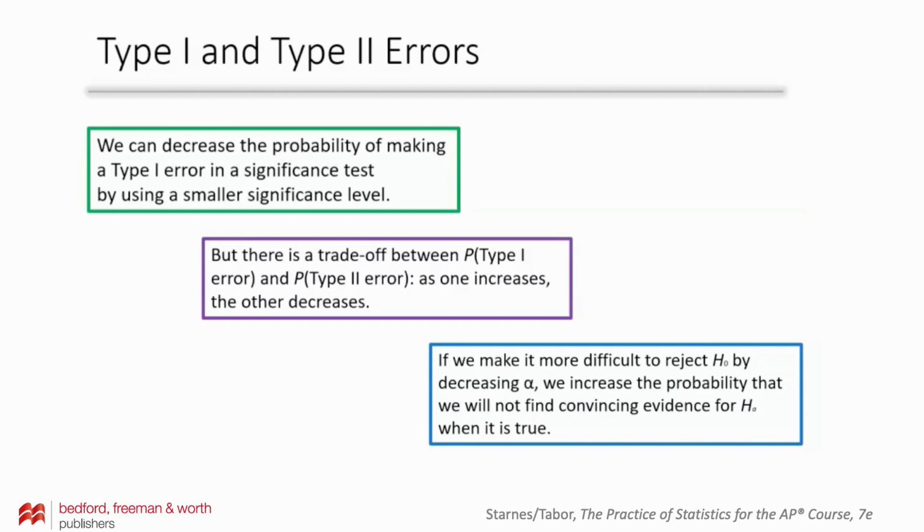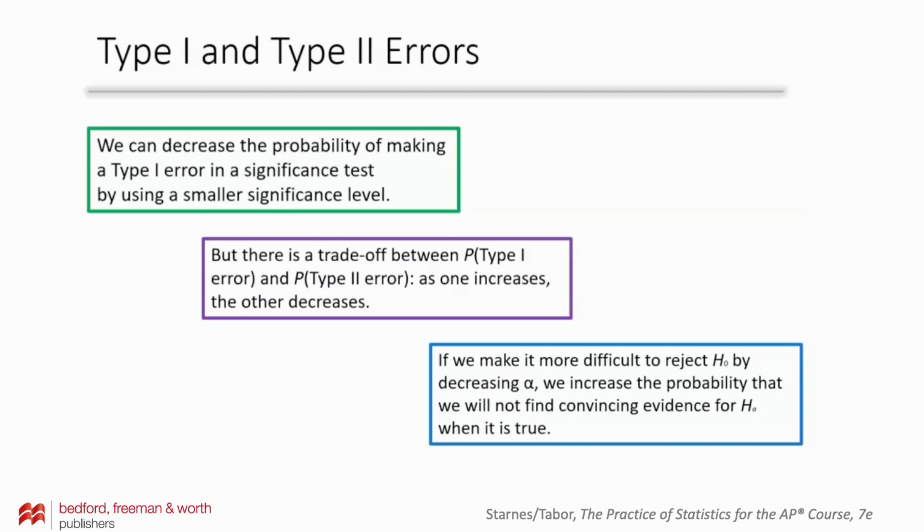As one increases, the other is going to decrease. So if we make it more difficult to reject the null by decreasing alpha, we increase the probability that we will not find convincing evidence for the alternative when it's true.